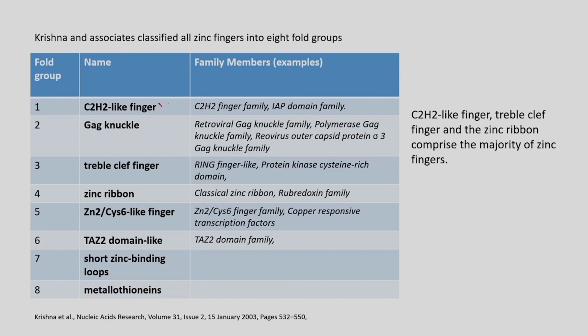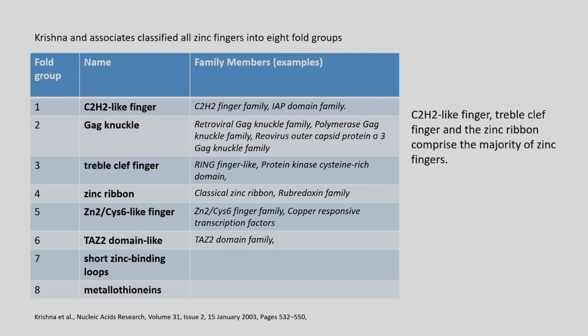The C2H2 like finger, gag knuckle, treble clef, zinc ribbon and so on. Amongst these you can have many family members for each fold group. For example, 2 of the family members mentioned here are the C2H2 finger family and IAP domain family, and in the gag knuckle you can see a couple of families being listed over here, and accordingly in the treble clef you have the ring finger like and protein kinase cysteine type domains and so on.